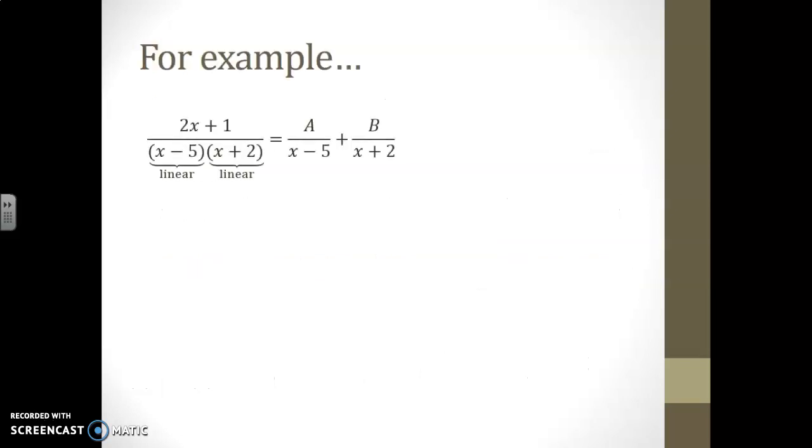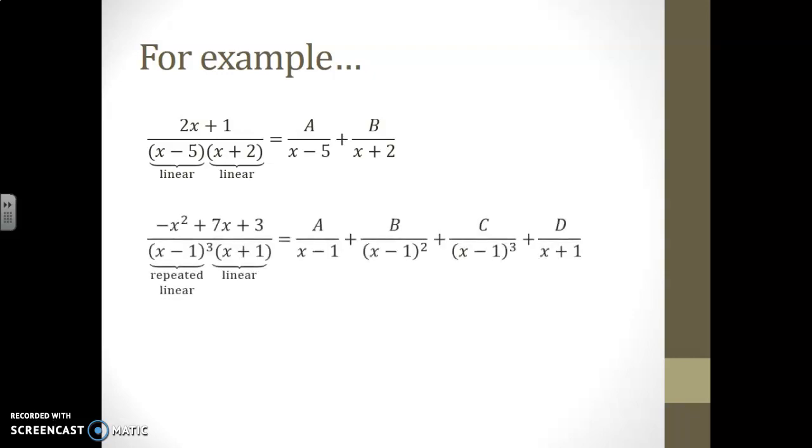For instance, in this first example, 2x plus 1 is written over two linear factors, x minus 5, x plus 2, neither of which are repeated. The decomposition suggests that we can find a constant over x minus 5 and a constant over x plus 2 that will equate the two sides of this expression.